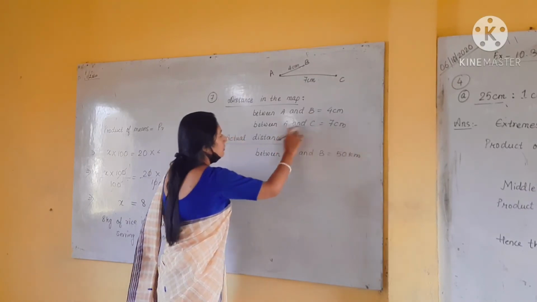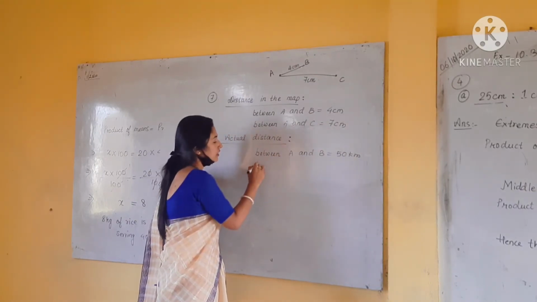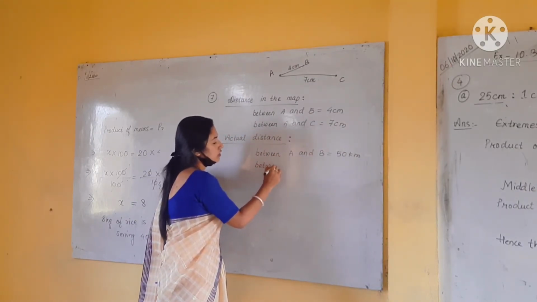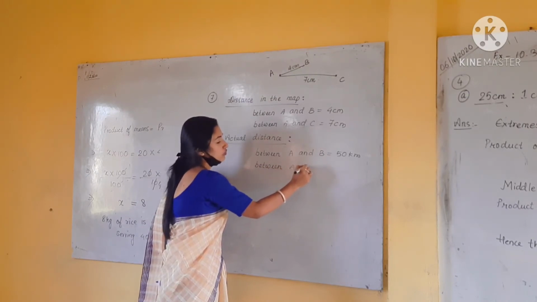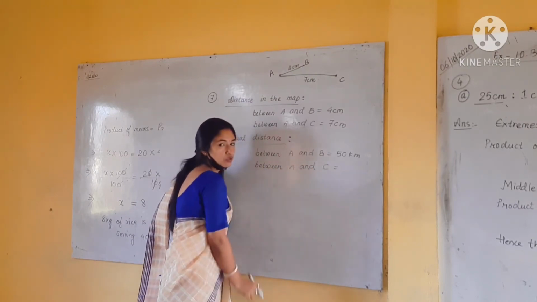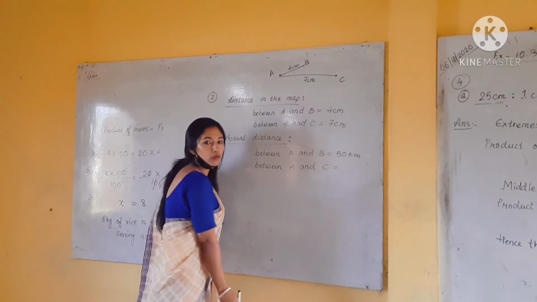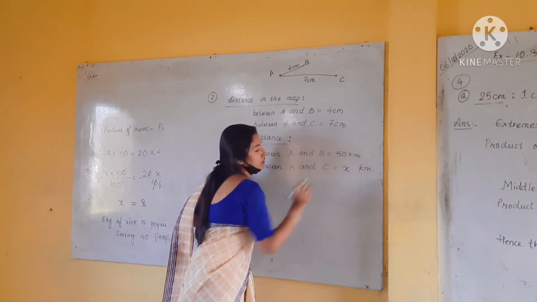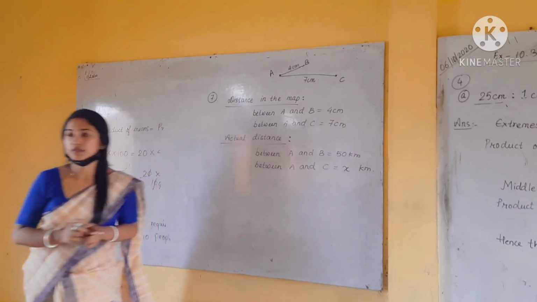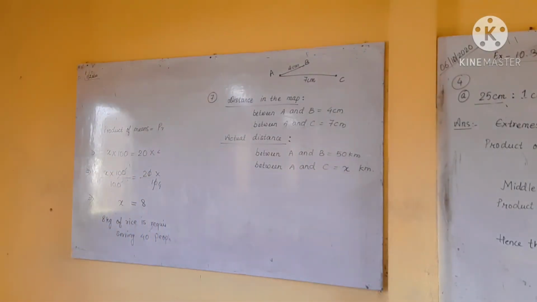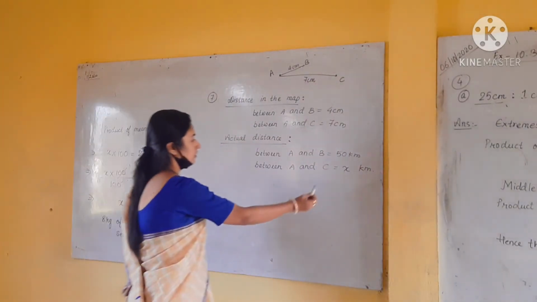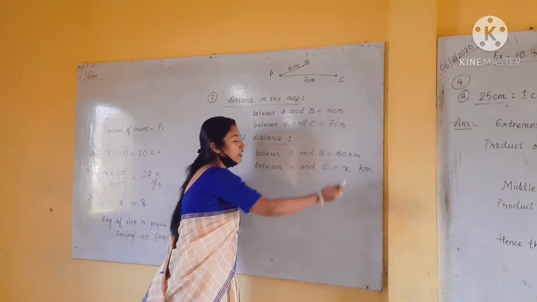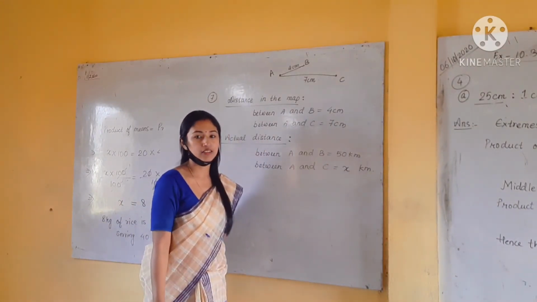But between A and C, is it given? The actual distance? No. So we have to take it as something, X. We have to write X kilometer. Clear? Tell me, the value of X will be more than 50 kilometer or less than?